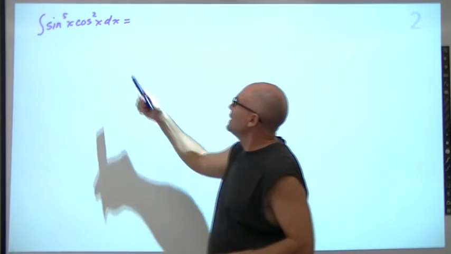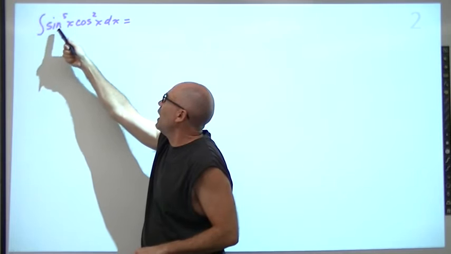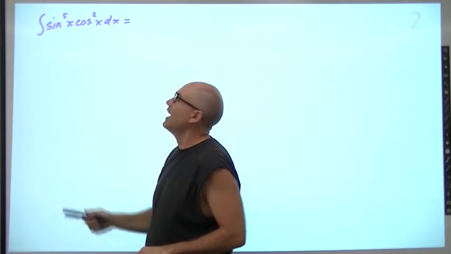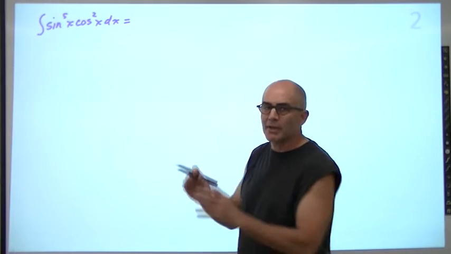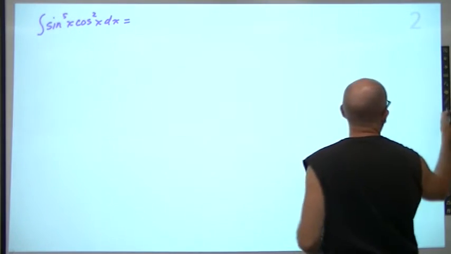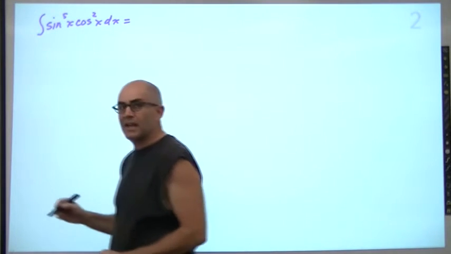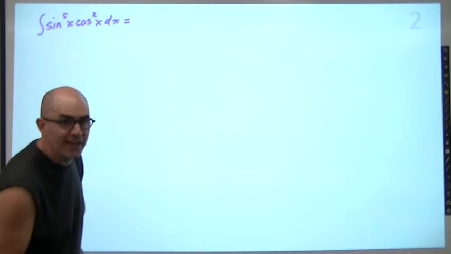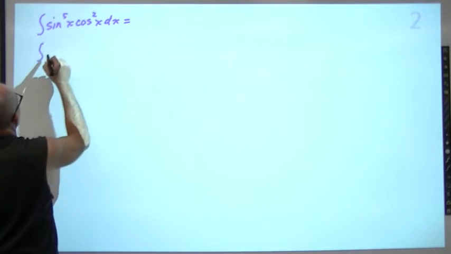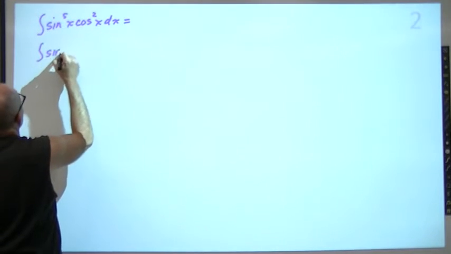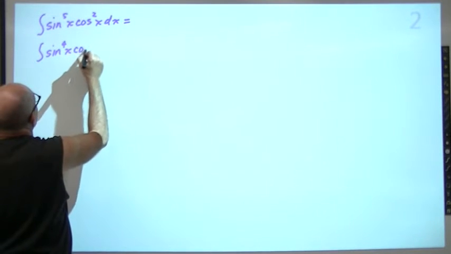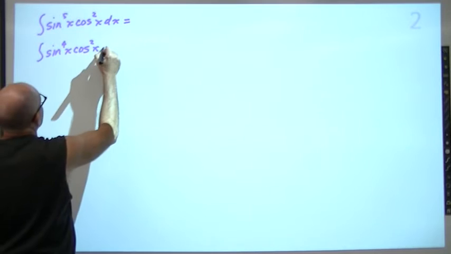Now notice I have a similar situation here. I have an odd degree, or an odd exponent, on sine. So what I'm going to do is squirrel away that sine x dx, and I'm going to have another u substitution waiting for me. So this equals the integral of sine to the 4th x times cosine squared x.